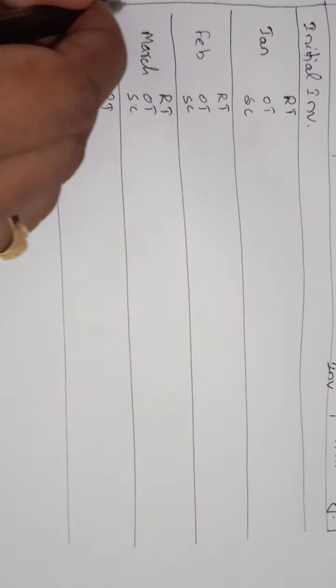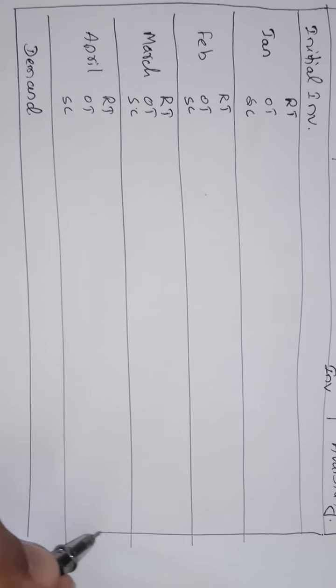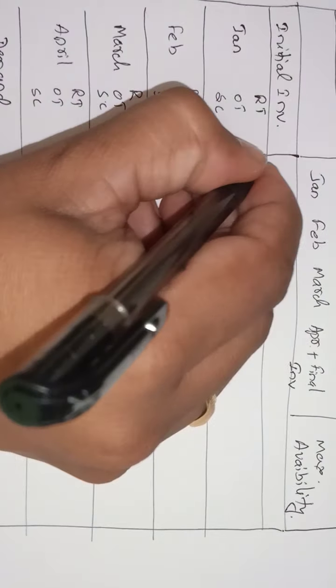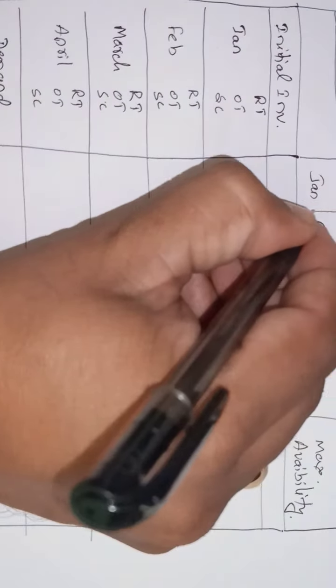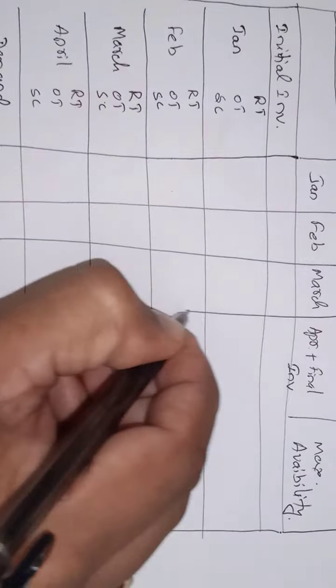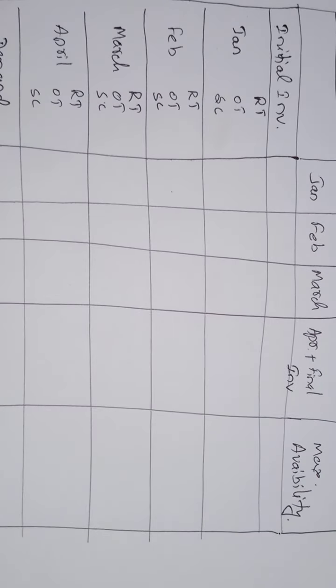So like this you have to prepare a table, right? So how many months are there? 4 months: January, February, March, April.